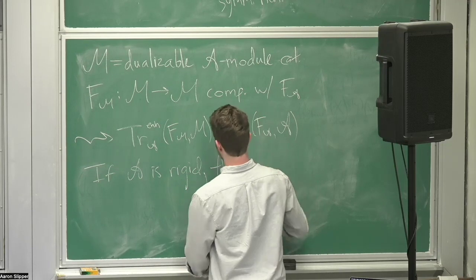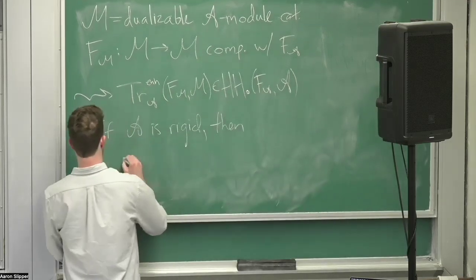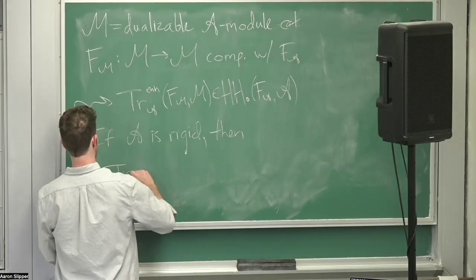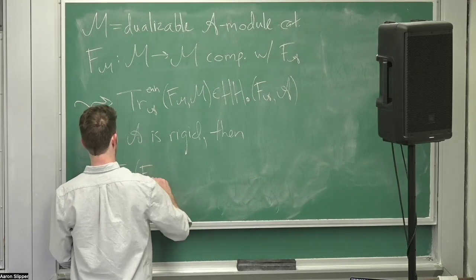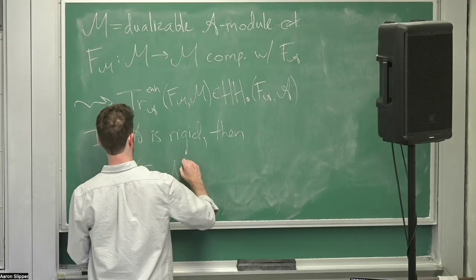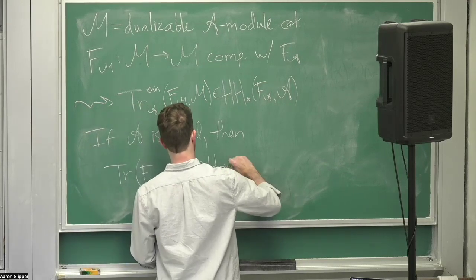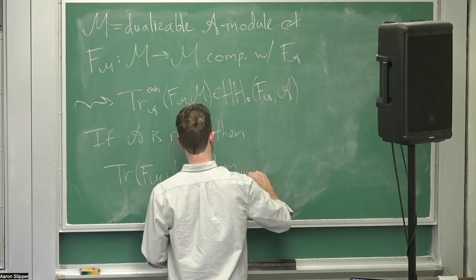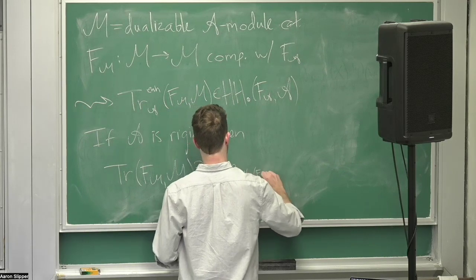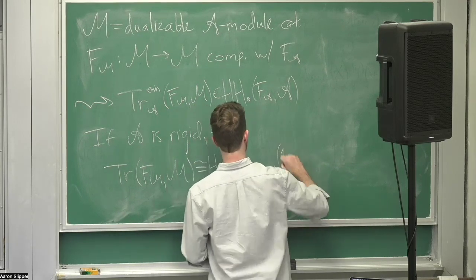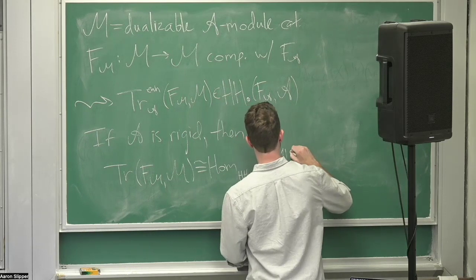If A is rigid, then what you can say is that the usual trace of F_M acting on M is isomorphic to, in the category of Hochschild chains, a Hom from the unit into this enhanced trace.